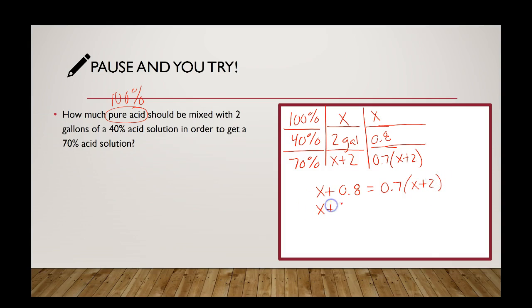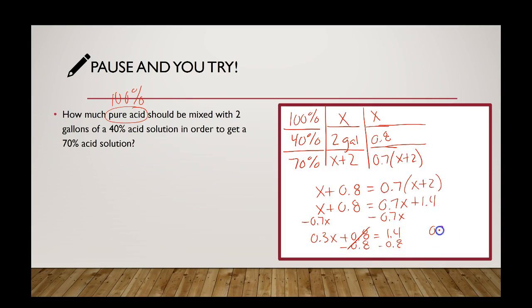So let's distribute before we get the x's on the same side. And that gives you 1.4. Subtract. Now remember, when you do x minus this, it is 1x minus 0.7. So that would give you 0.3x. Subtract 0.8.